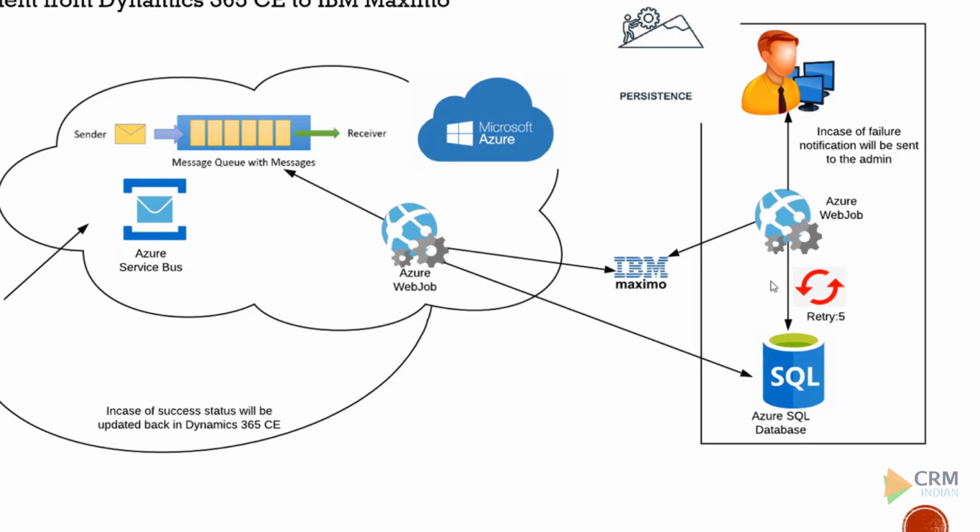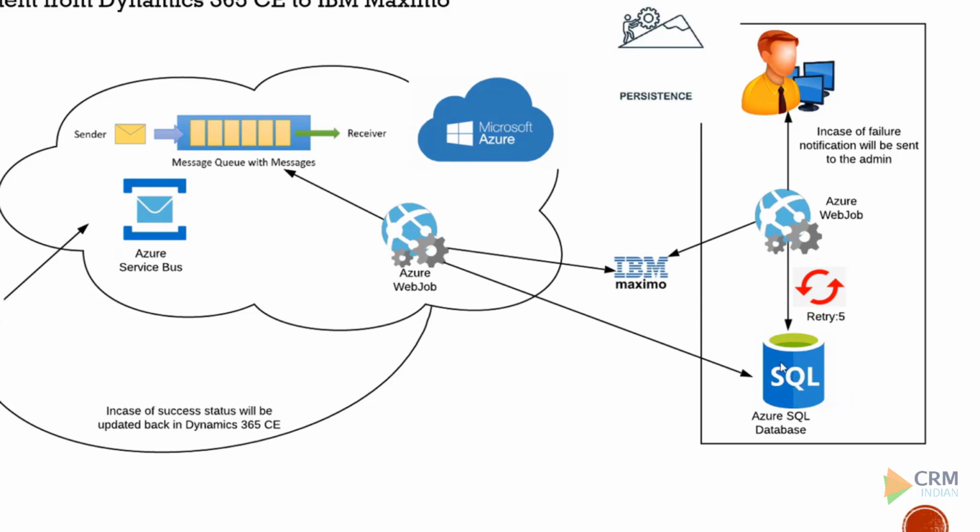For the retrying mechanism, we have created a separate Azure web job that picks the record from this Azure SQL database and tries to create the record back into the IBM Maximo tool. It checks whether the record is created or not. If the record is not created, it tries to create it in the system. If it fails again, it increases the count in the Azure SQL database.